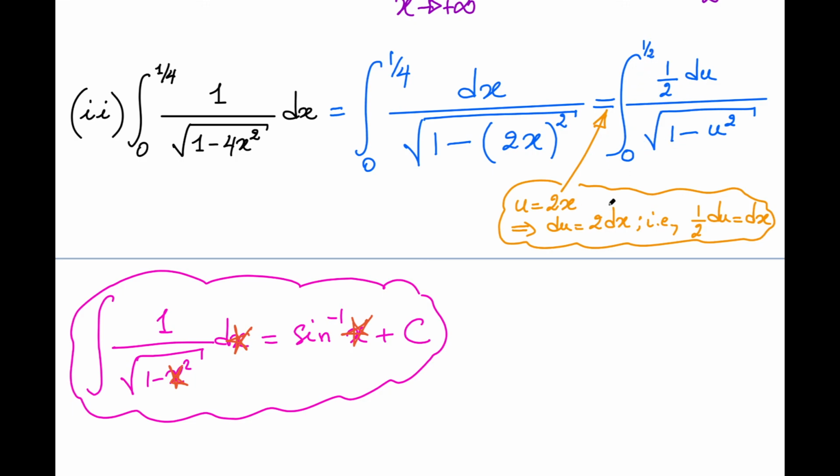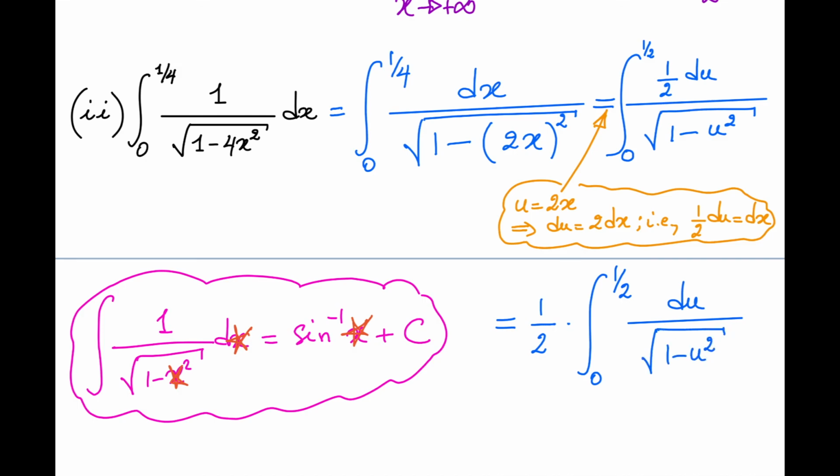So we get this. And this is equal to what? The half, this constant, times the integral from 0 to half du over square root of 1 minus u squared.